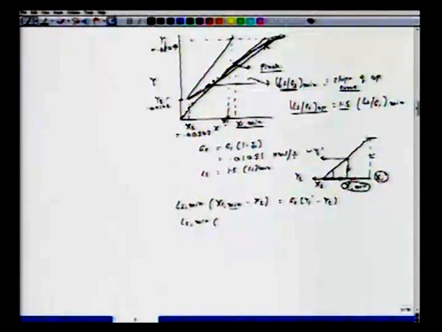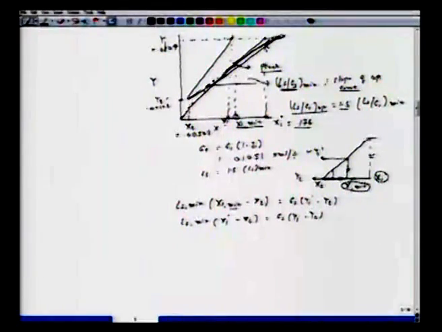So from the tangent, if we extend and suppose we read this x1 as 0.176, we can also find the slope from here. x1 star minus x2 equal to GS, we have y1 minus y2. So the idea is that it's up to you, either you read this x1 min from the tangent, or you read this x1 star where the tangent makes intersection with this y1 line. Either of the two will give the same result here, because we have to find out the slope.